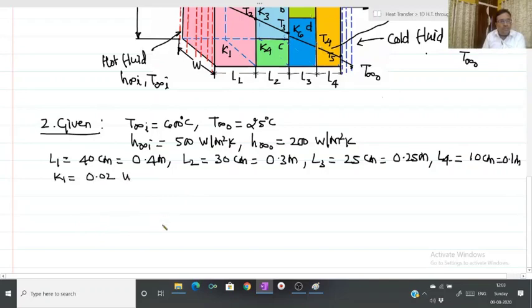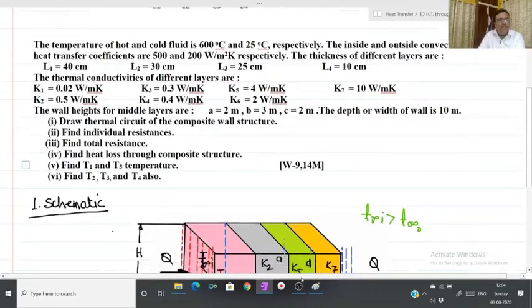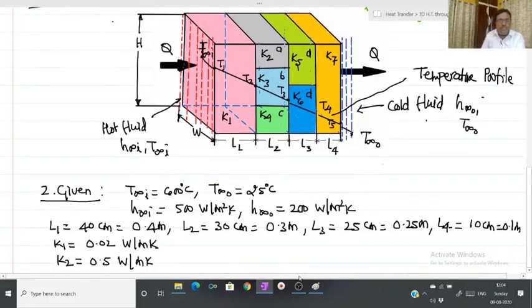Then apart from this, the value of K1 is given in watt per meter Kelvin. K2 is 0.5 watt per meter Kelvin. K3 is 0.3, K4 is 0.4 watt per meter Kelvin.